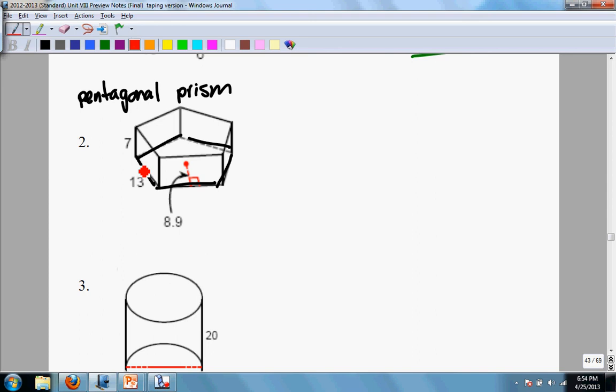I'm going to start with this base here. That's the bottom, and here we even have the apothem, 8.9, and an edge length of 13.